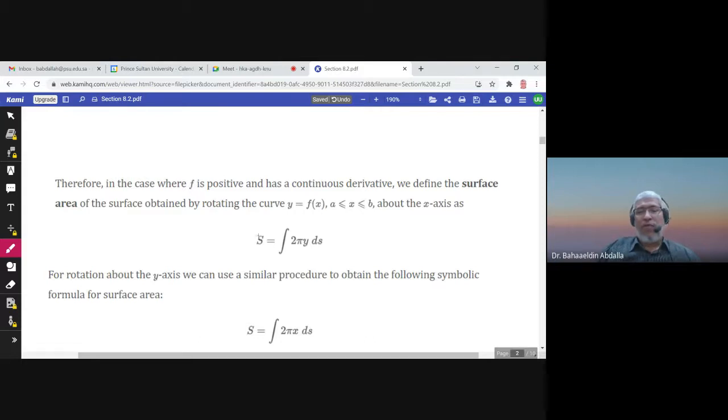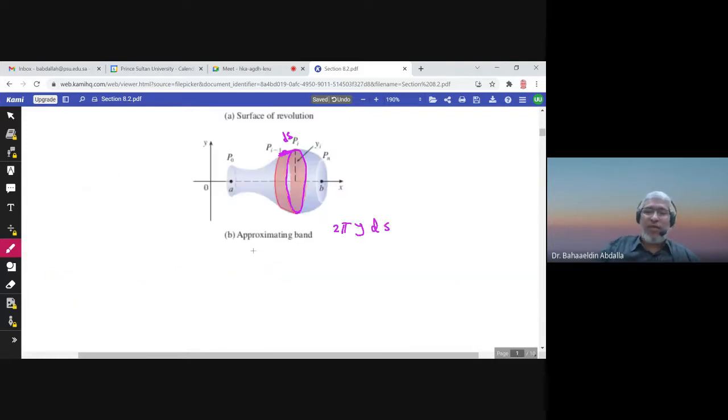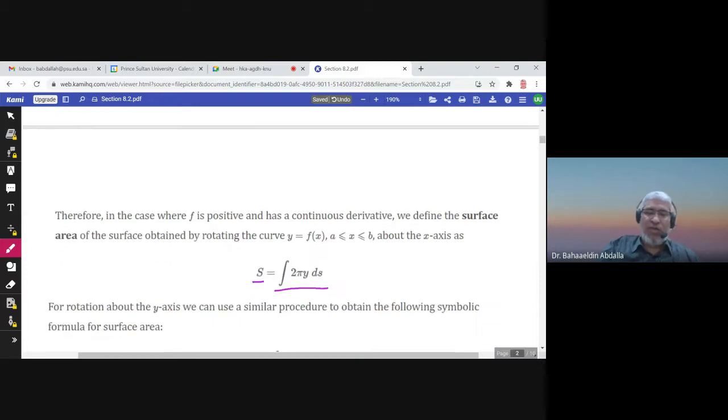So if we want to find the surface area, then it would be the integral of 2 pi y ds, where y is the distance from the surface of revolution to the axis of rotation, or it is the radius of the circle.